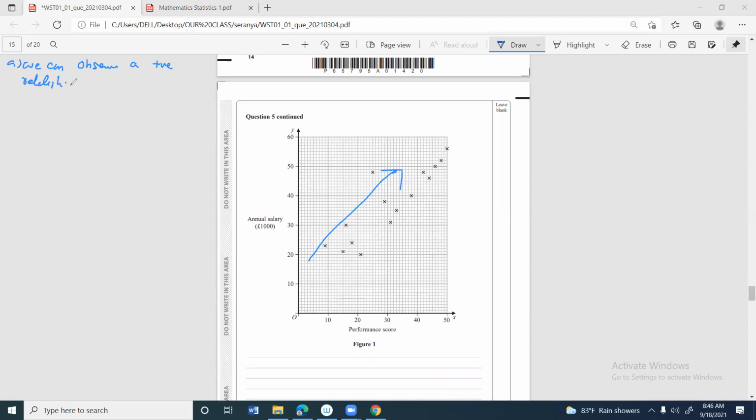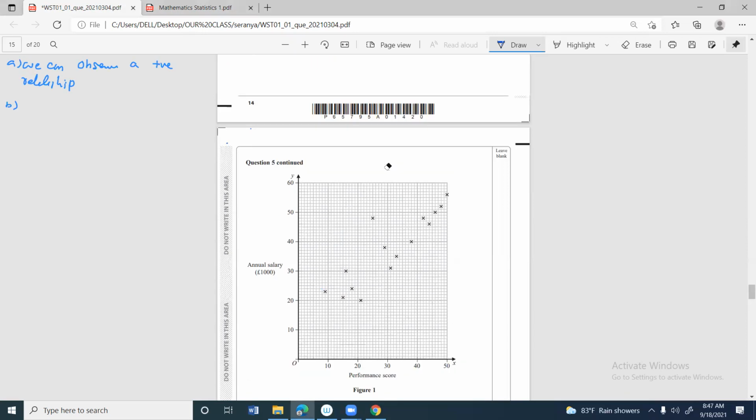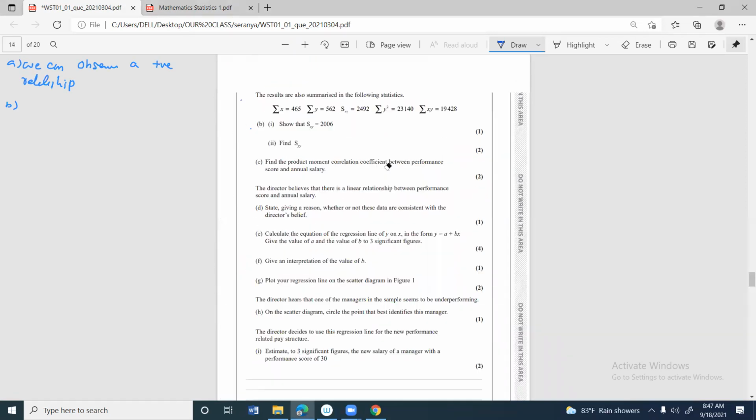Straightforward, just look at the graph. We are not going to hurry to describe the strength of this. So we can just say it has a positive relationship. That means when the salary increases, the performance also increases. We can say that.